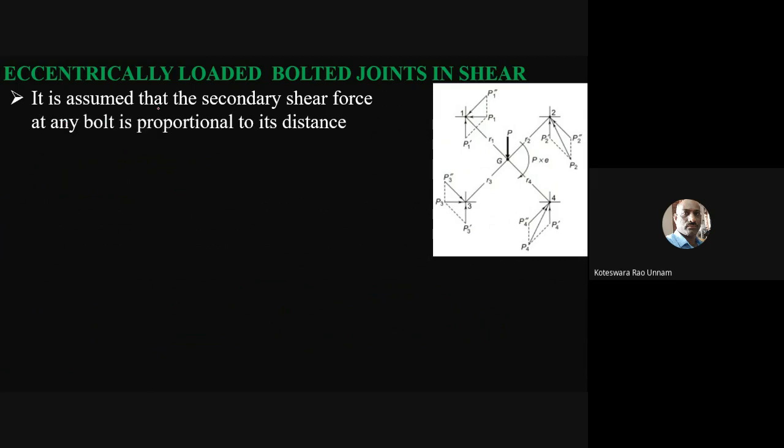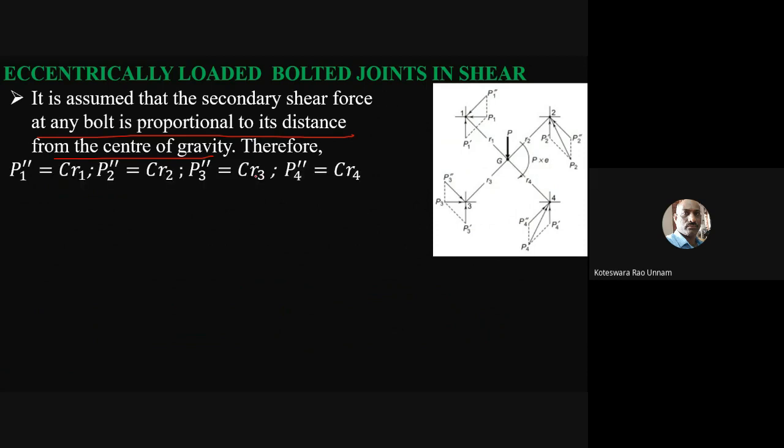It is assumed that the secondary shear force at any bolt is proportional to its distance from the center of gravity. So that proportionality constant we will take as C. With that assumption I can write P1 double dash as C R1, where C is the proportionality constant. P1 double dash is proportional to R1.